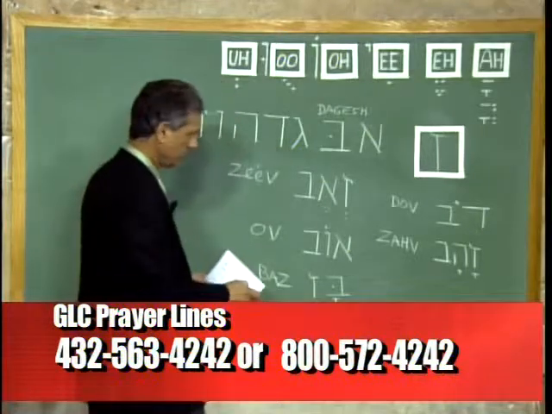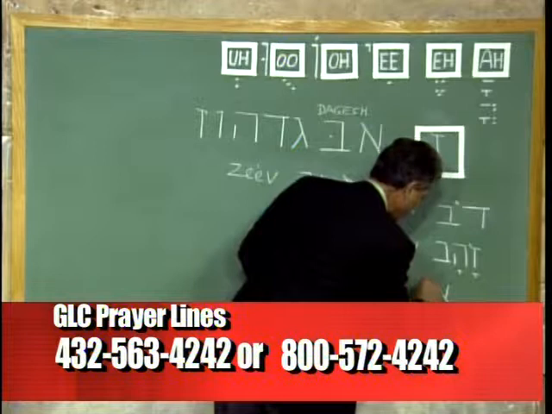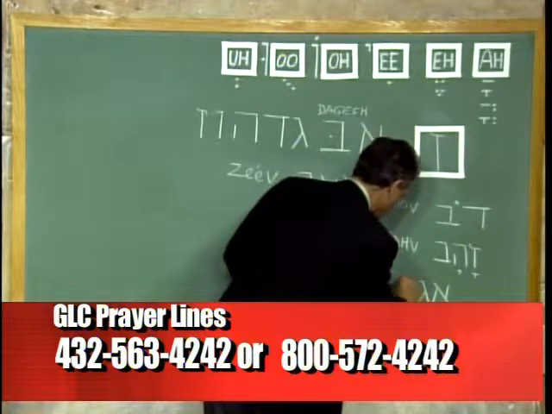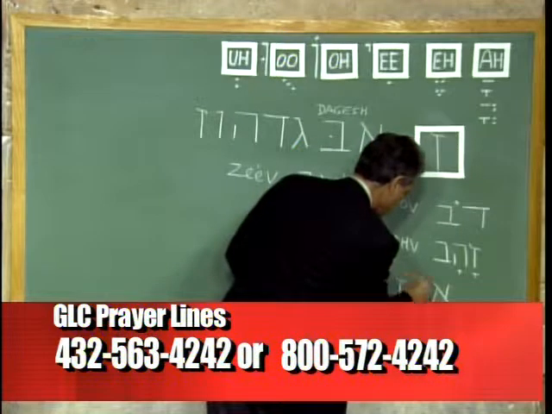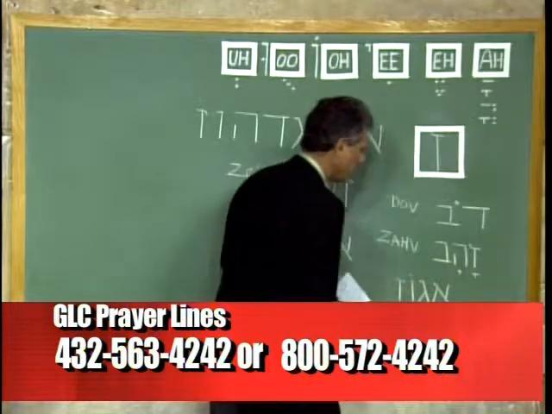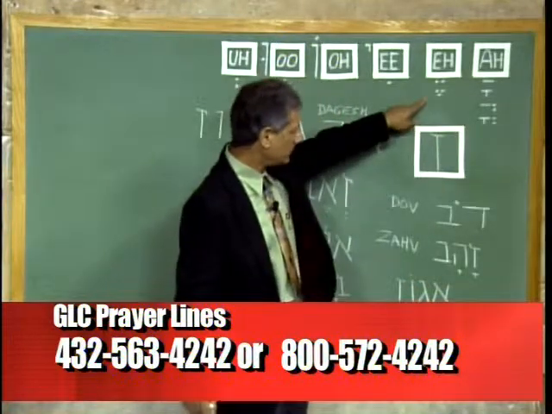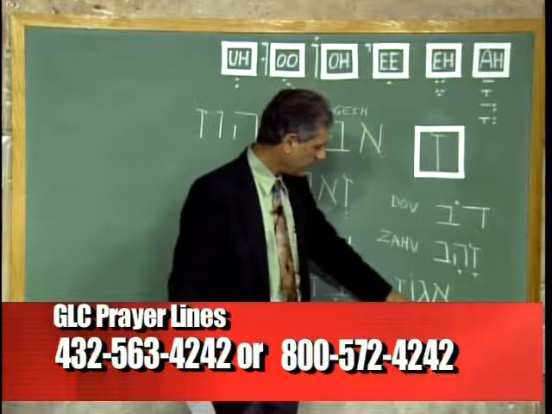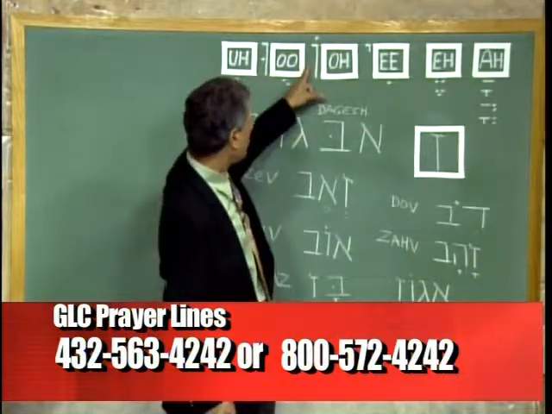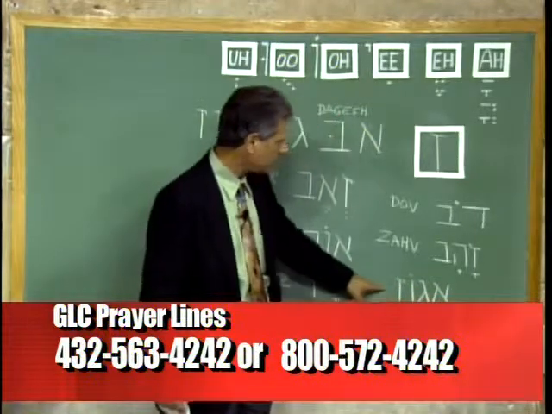Let's do another one. Here is the letter Aleph, Gimel, Vav, and a Zayin. We have the letter Aleph with an A sound, A. Then a Gimel with a Vav and a dot on top, O. So A, Go, and a Zayin.